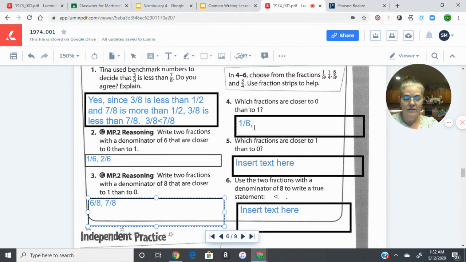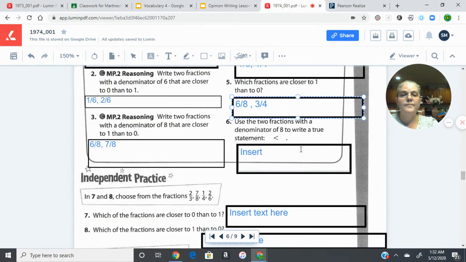So we have 1/8 and 1/4. Which of these fractions are going to be closer to 1? We have 6/8 and we have 3/4.